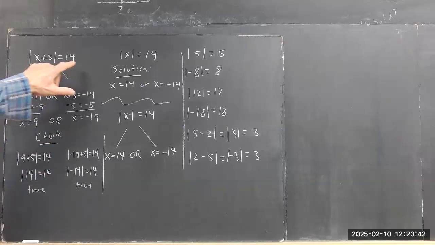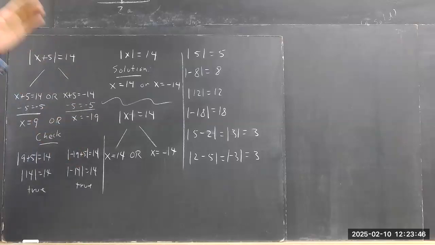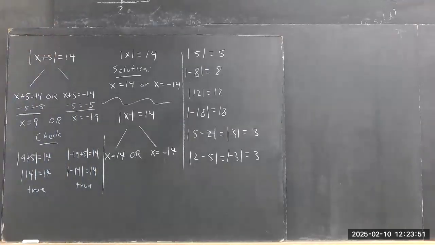You just have to take this thing and set it equal to 14, and whatever's in here set it equal to -14, and then solve what you got. There are more complicated cases where you split into 3, 4, 5, 58, 3,962 equations. You wouldn't have to solve that many. Okay, so here we have it.